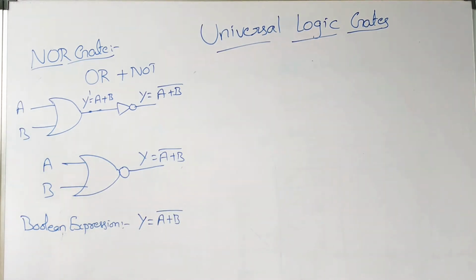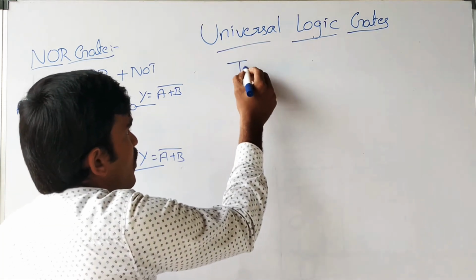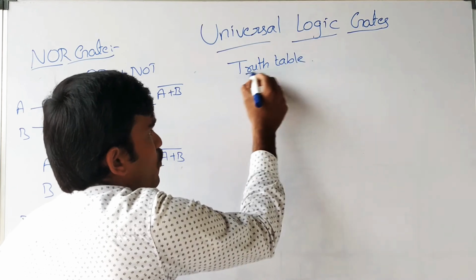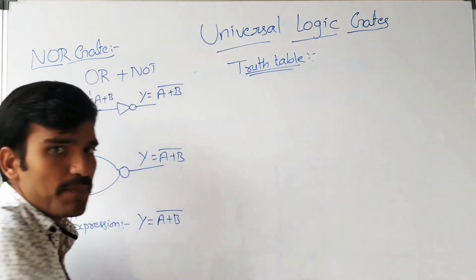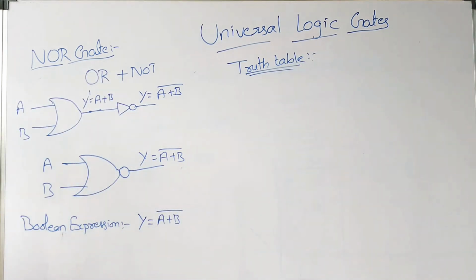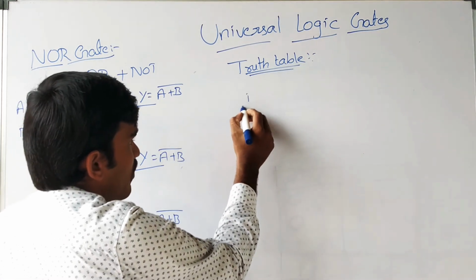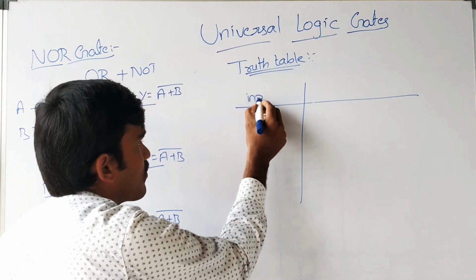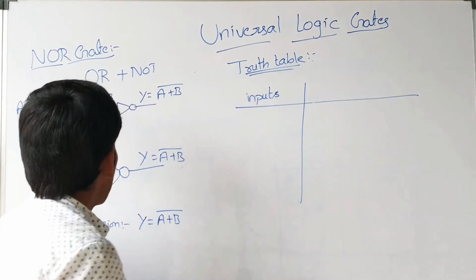Now look at the truth table. In the truth table, the inputs and the corresponding outputs are present.